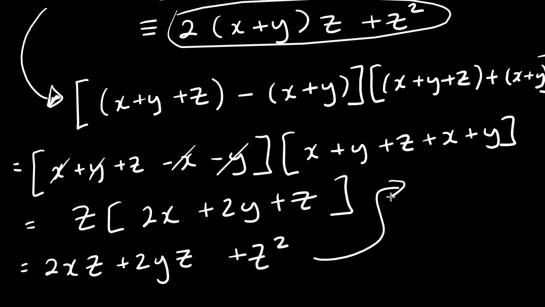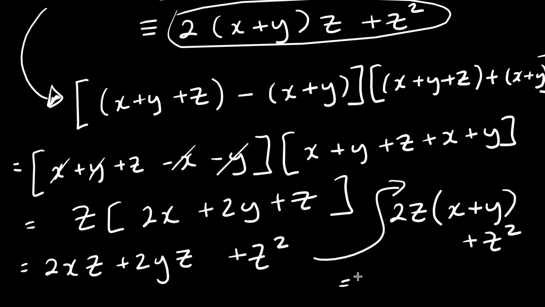And these two terms here, I can factor 2z out of this, right? Is that what they did? They did, and then they had x plus y, and that left us with z squared. The only thing that they did differently is that they put the z on the right hand side and the 2 on the left hand side of the bracket.